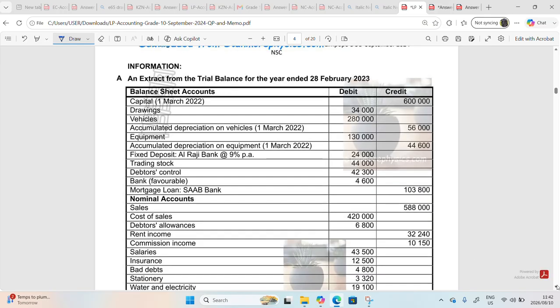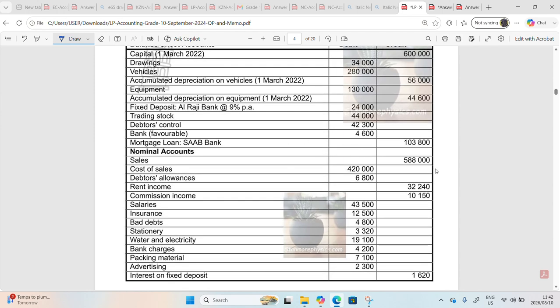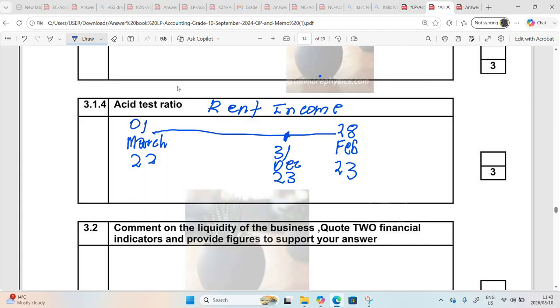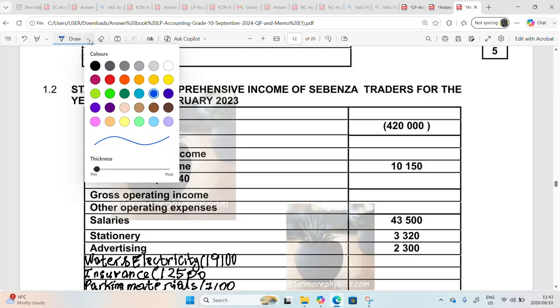So let's do this. I already know that there is information that will affect our sales. Let's take that figure of 588,000 to our answer book.